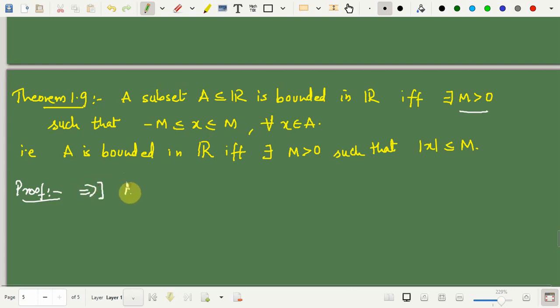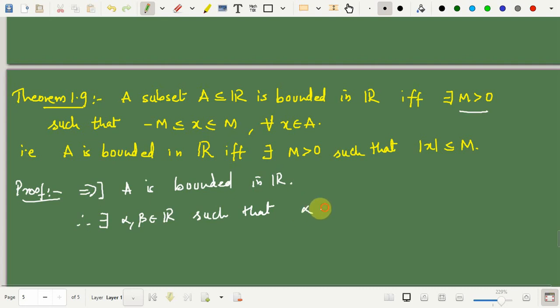So, I am assuming that A is bounded in R. By definition there exists alpha and beta in R such that alpha is less than or equal to x, less than or equal to beta for all x in A.